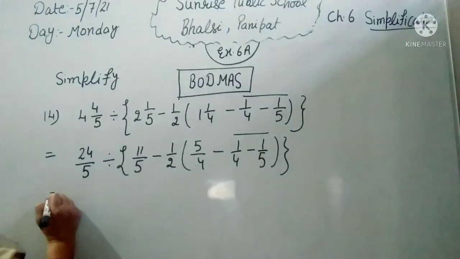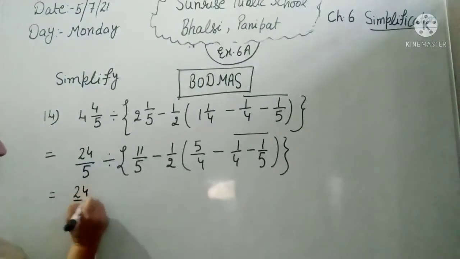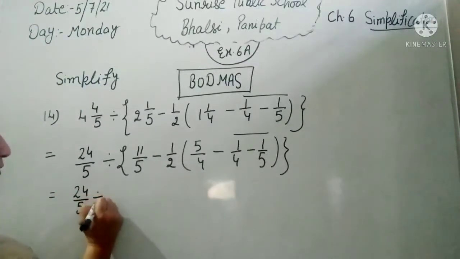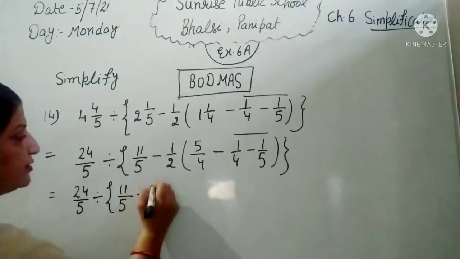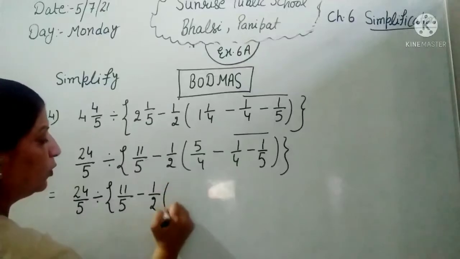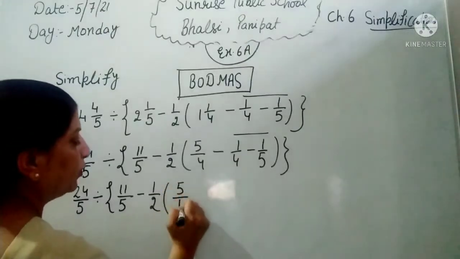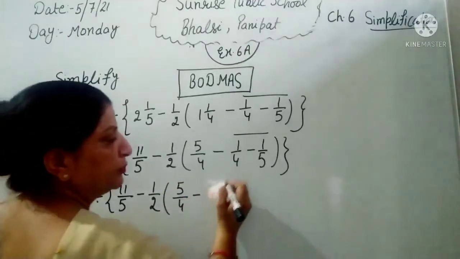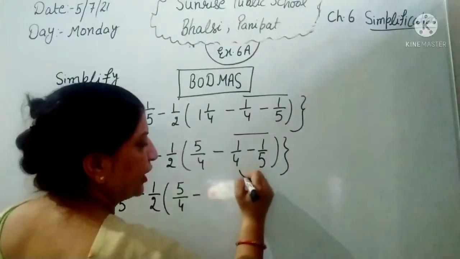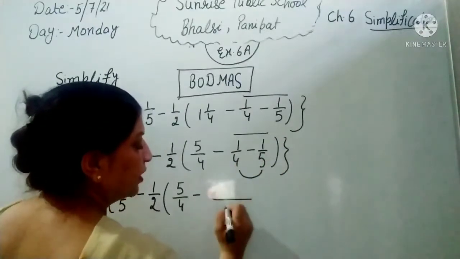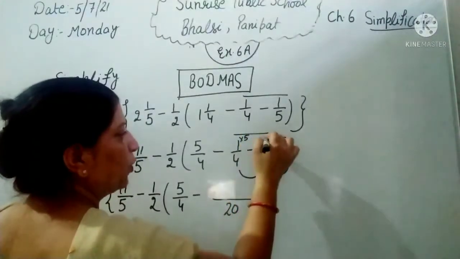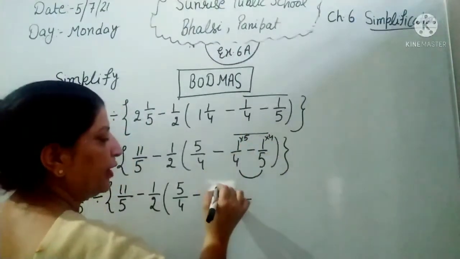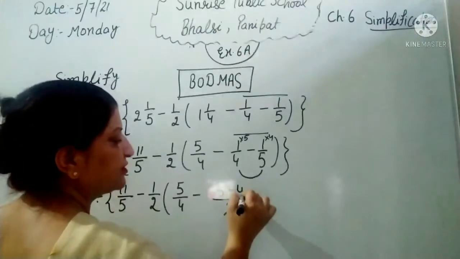So let us write here 24 by 5 divided by 11 by 5 minus 1 by 2, 5 by 4 minus, इसको सॉल्व करेंगे. First we take the LCM of these two numbers. 4 5s are 20, यहाँ पर 5 से मल्टीप्लाई और यहाँ 4 से मल्टीप्लाई. 5 minus 4.